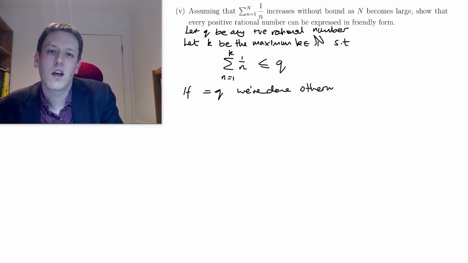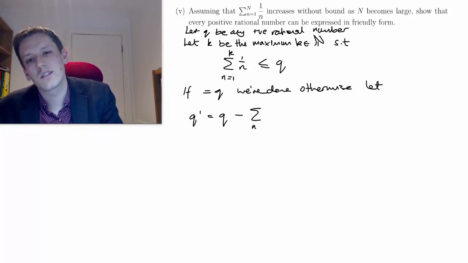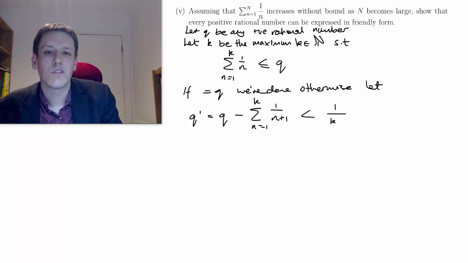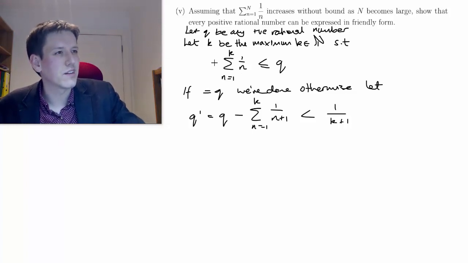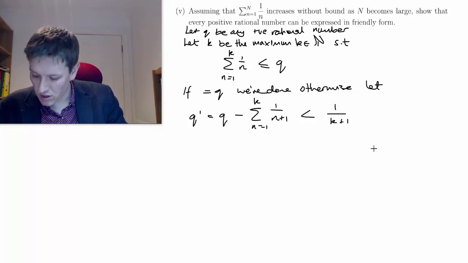Otherwise we're going to let q prime be the difference between these, so q minus the sum from n equals 1 to k of 1 over n, and necessarily this must be smaller than 1 over k plus 1, because if it wasn't, I could have added it in to my sequence, right? So in my previous one I did 1 plus a half and I couldn't quite get a third in there, so it must be that what's left is smaller than the next fraction in the list that I didn't include. Okay.